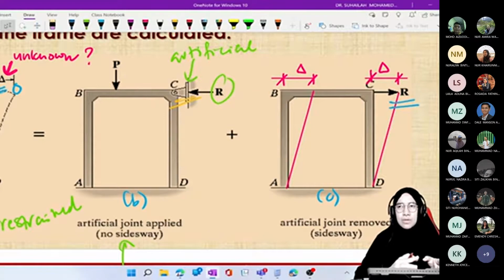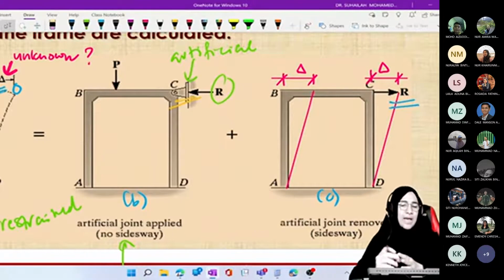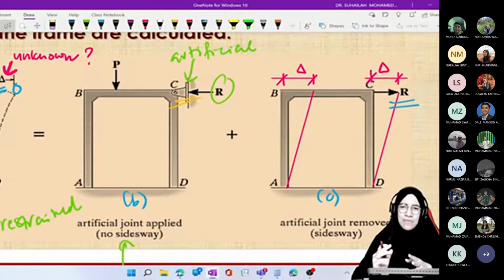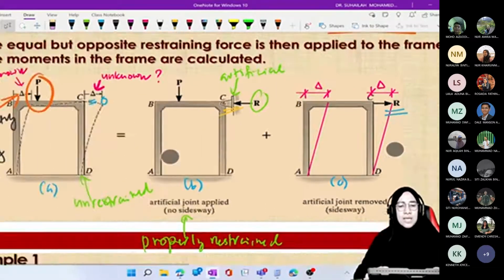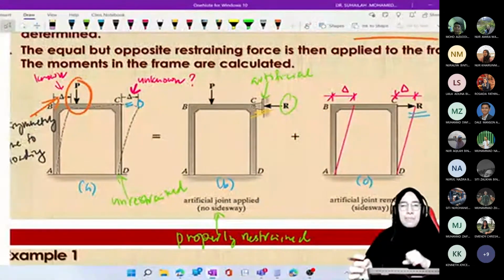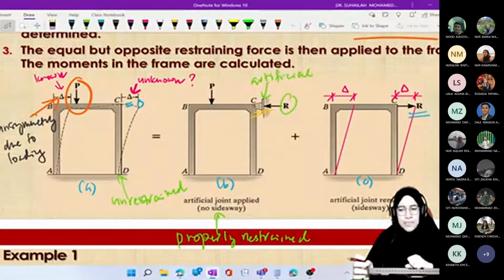So we have to have this combination: one properly restrained frame, where we will calculate FEM due to external loading only, and then another frame, where we will calculate FEM due to delta only. So this is actually the principle of superposition.